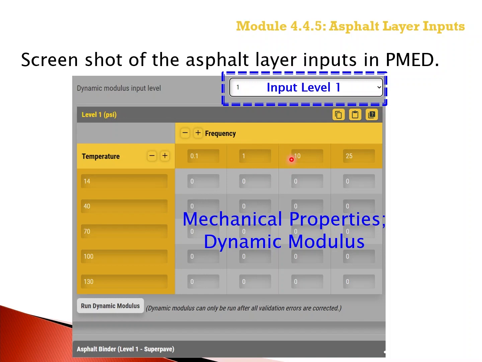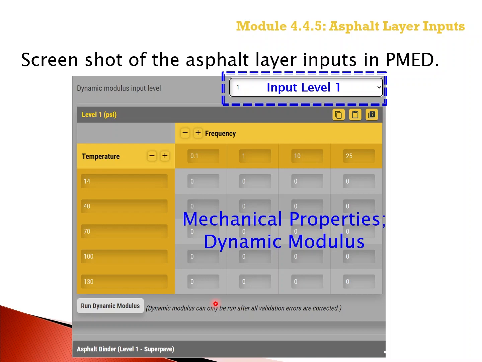For dynamic modulus input level 1, the binder properties needed are the same as for dynamic modulus input level 2 shown on the previous slide. From the laboratory measured values, the software will then calculate the dynamic modulus master curve, which we will show and discuss later in the presentation.